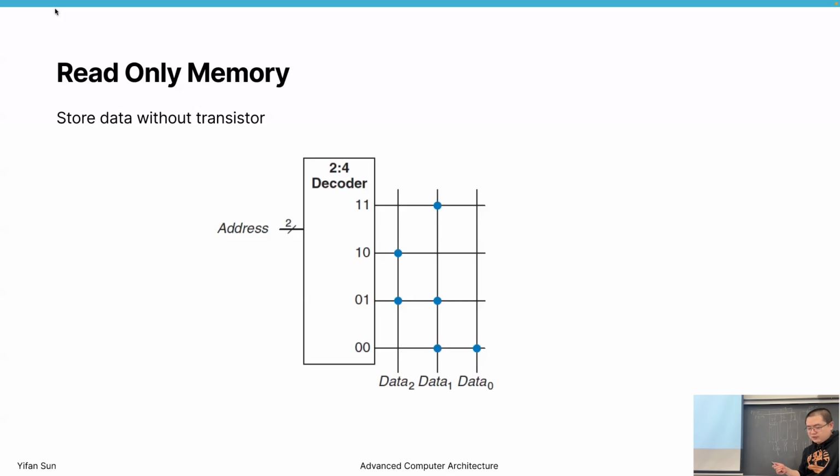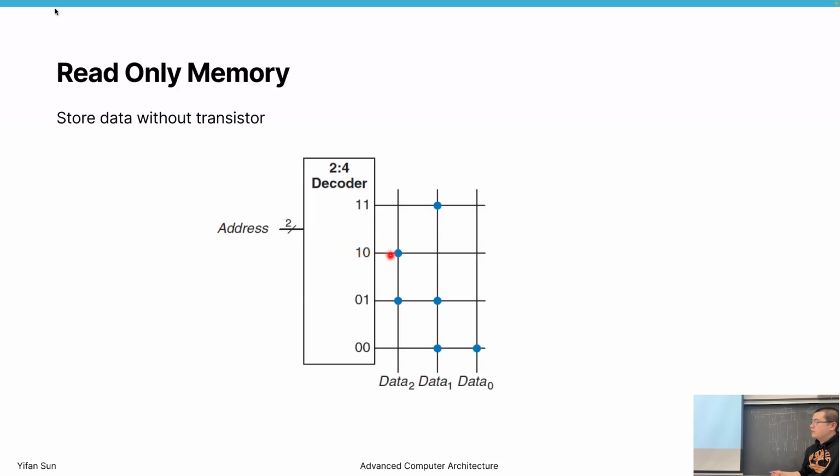So how was the original read-only memory implemented? It's basically implemented this way. This is a decoder, right? Don't consider this data connected to a ground level, to value 0. They're just wire connections.